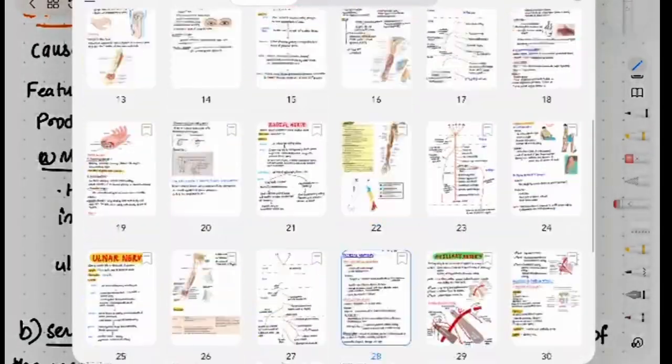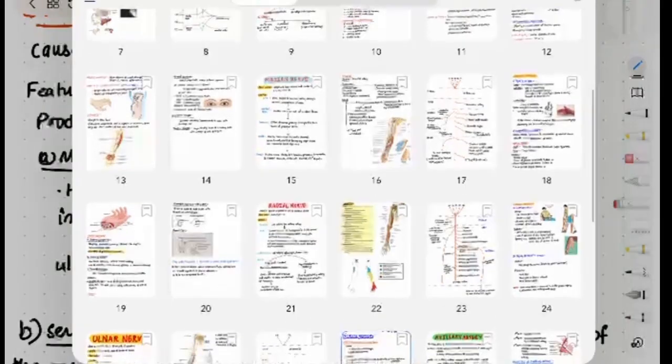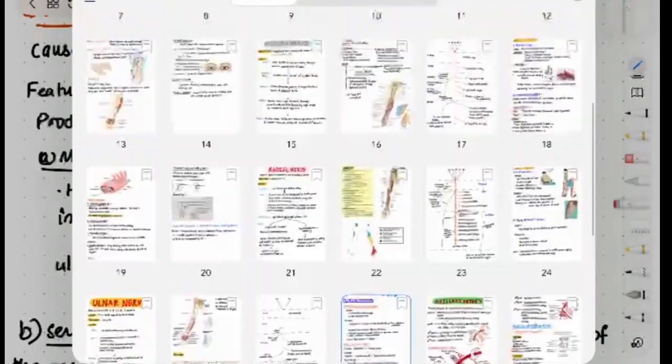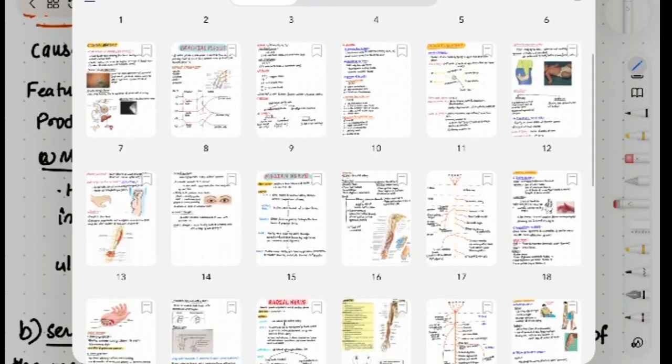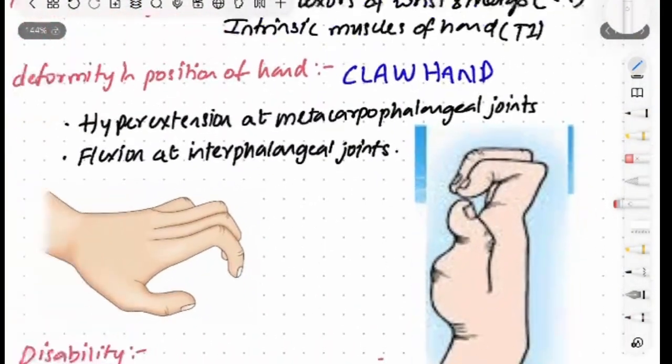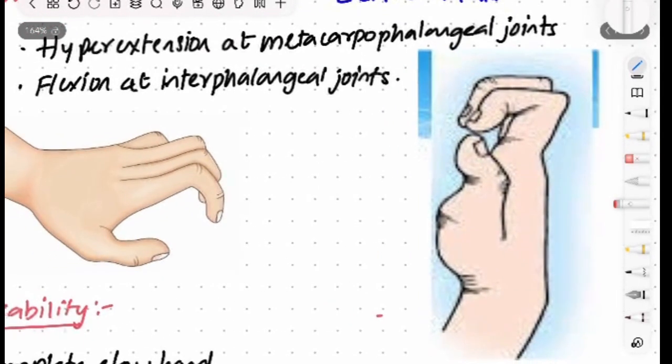I'll try to show you the metacarpophalangeal as well as the interphalangeal joints. We have discussed this in the previous video, so I'll just show you guys. There will be hyperextension at metacarpophalangeal joints.